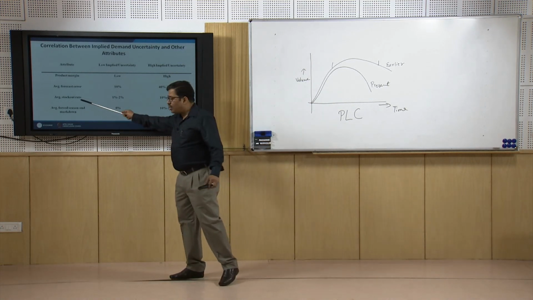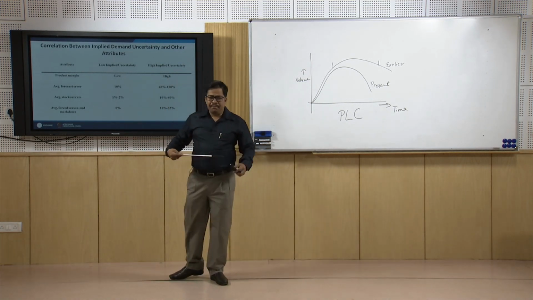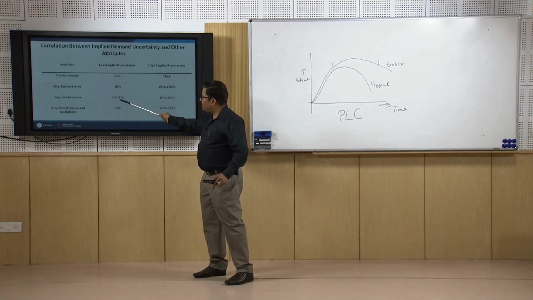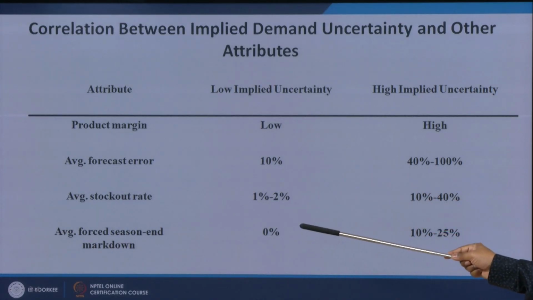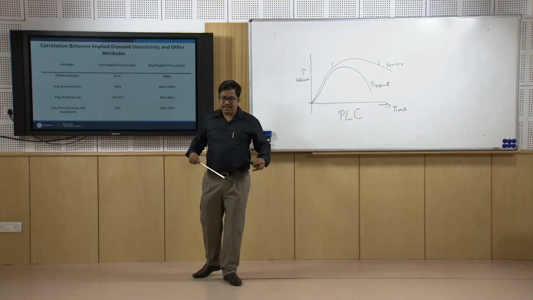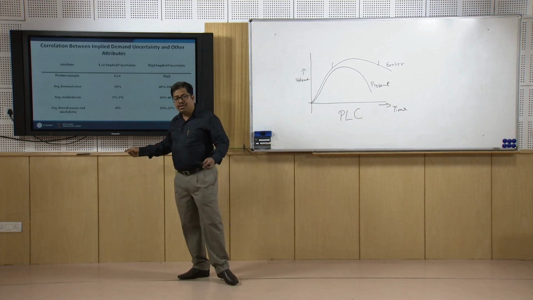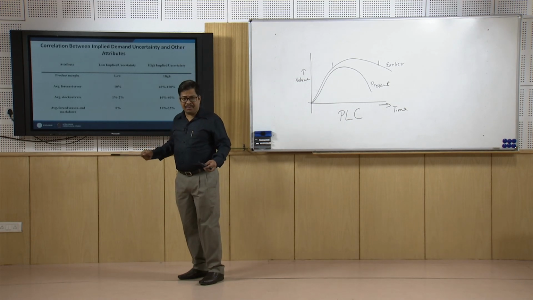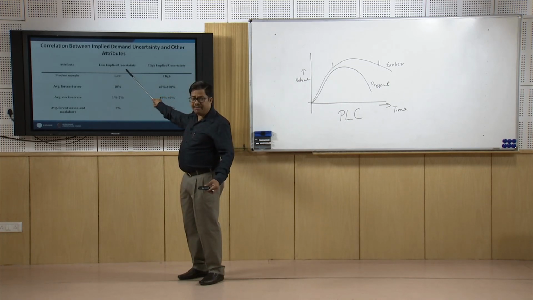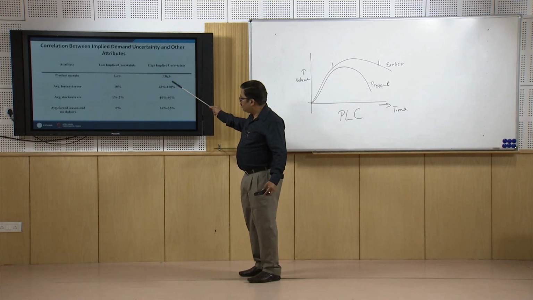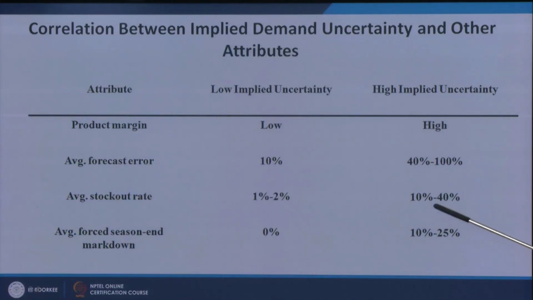Then stock outs: the number of times a product is out of stock when a customer wants it. In the case of low implied demand uncertainty products, it is just 1 to 2%, very low. The opposite is that you are able to achieve a 98 to 99% service level, a very high service level, in the case of low implied uncertainty products. But in the case of high implied uncertainty products, your stock out rate is 10% to 40%.